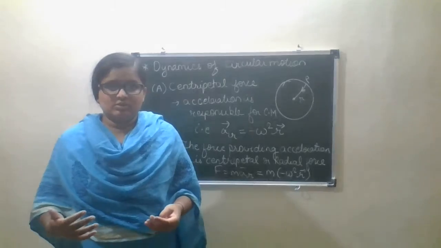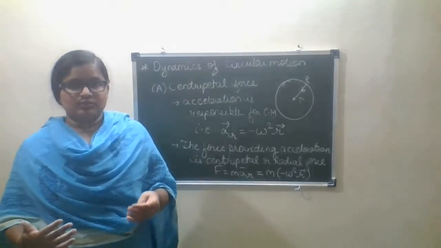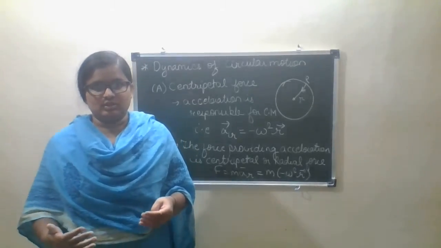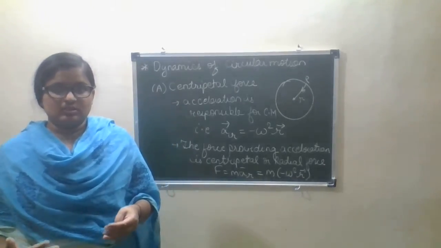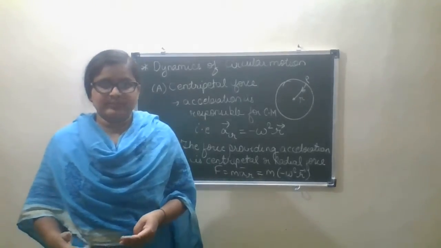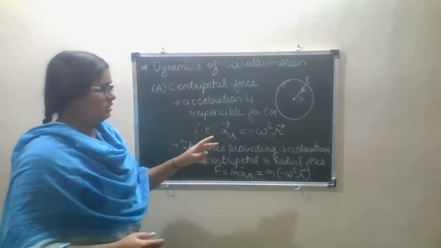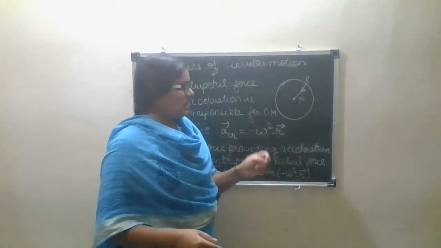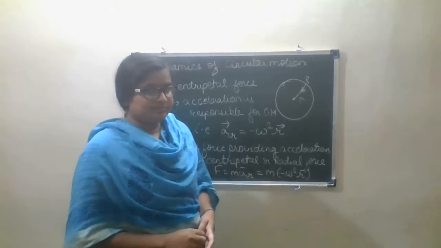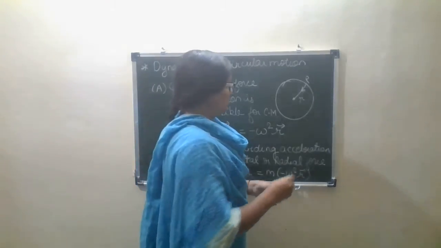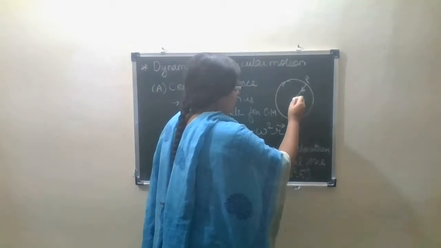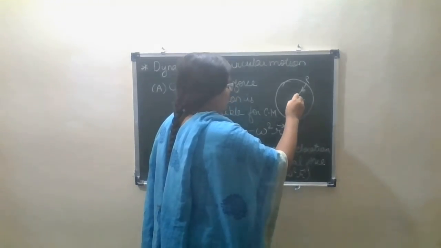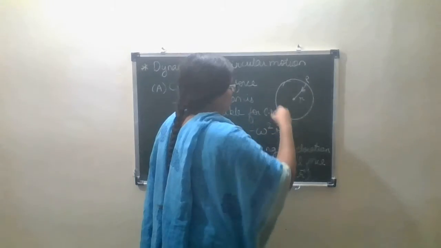The centripetal force is a force on a particle moving along the circumference of a circle, and it is directed towards the center. So consider this is a circle with a radius r, and suppose this is a point along the circumference of the circle.